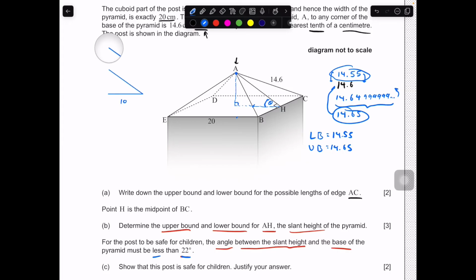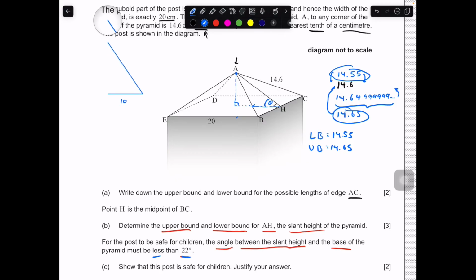and we have some value which is equal to either 14.65, or if it's a little longer, and we still have this endpoint right here, imagine this is the arm that rotates. If we want to keep the horizontal distance that it travels fixed at 10, and we want to increase the value of this, then the slant height itself increases as this arm gets longer and longer.